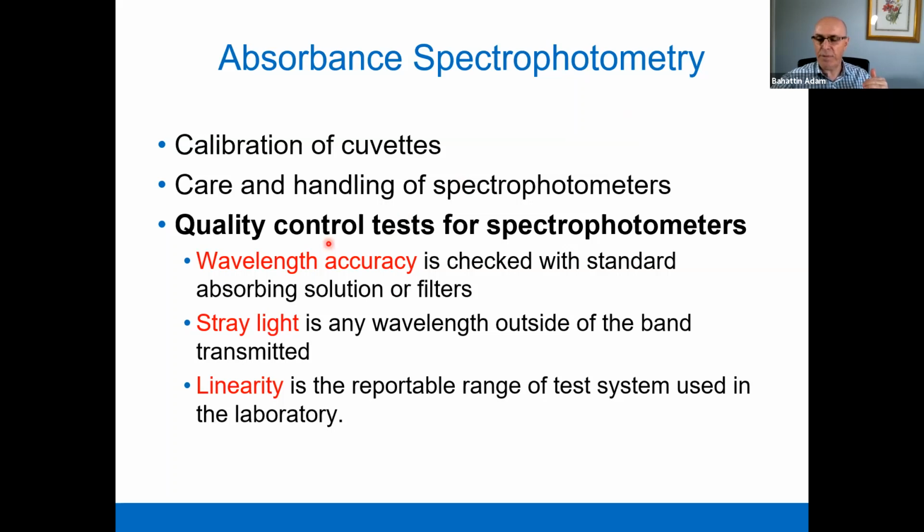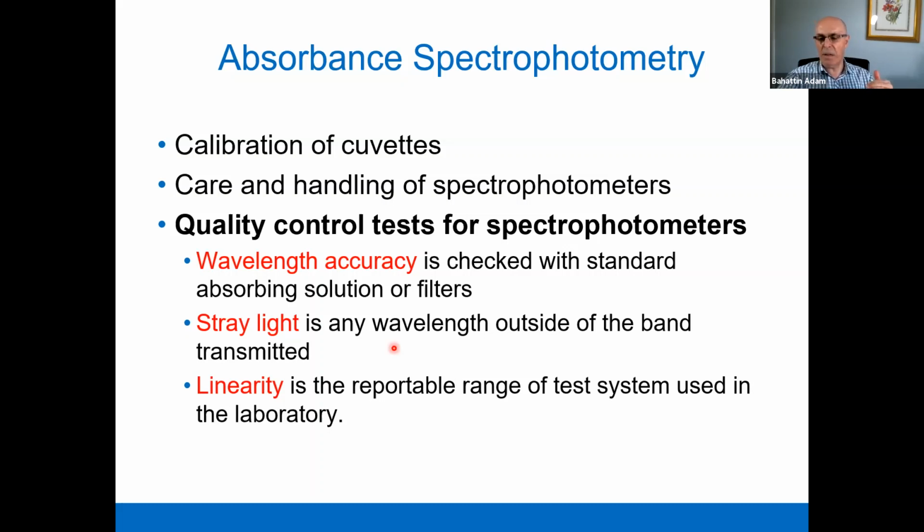Care and handling of the spectrophotometer is all important in order to get high quality results. And there are quality control tests for spectrophotometers: wavelength accuracy, stray light, which is any wavelength outside of the band transmitted, and linearity, which is the reportable range of the test system used in the laboratory. These three are the quality control tests.